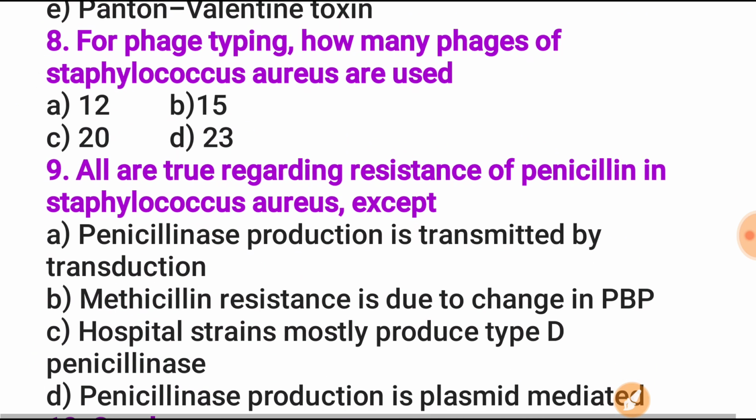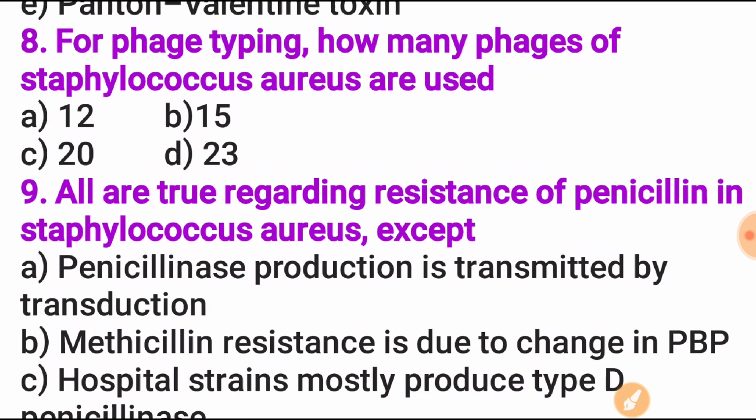Next is, for phage typing, how many phages of Staphylococcus aureus are used? Options are 12, 15, 20, and 23. The right answer is 23.